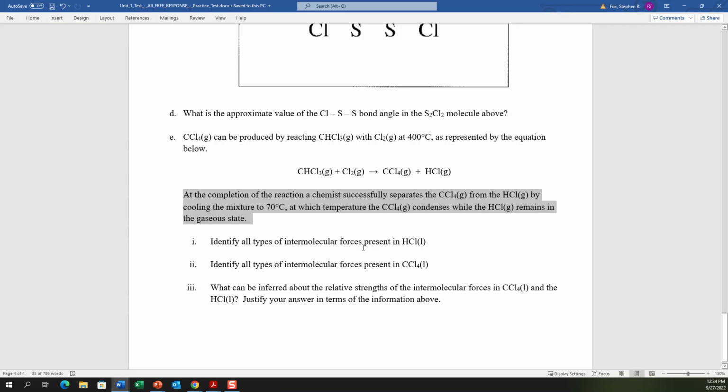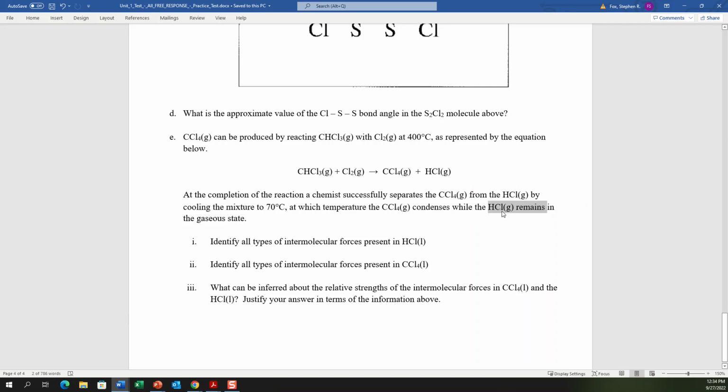You could make that argument, but that's not the case. You are given this statement. It's telling you as you cool these two gases, this one condenses where this one remains a gas. So at the same temperature where this is a liquid, this ends up staying a gas.